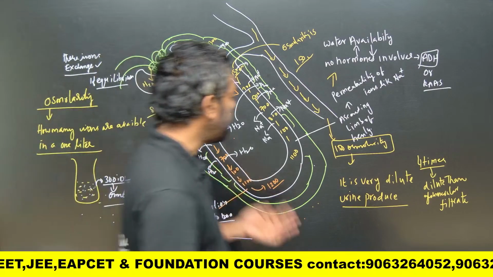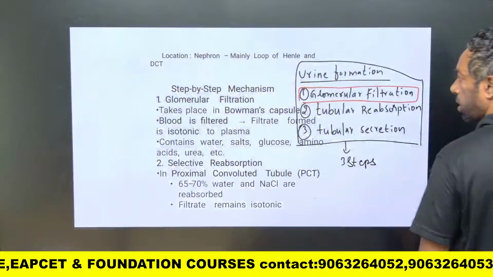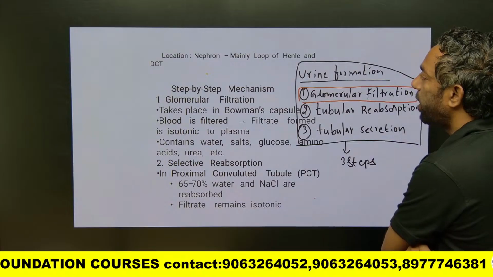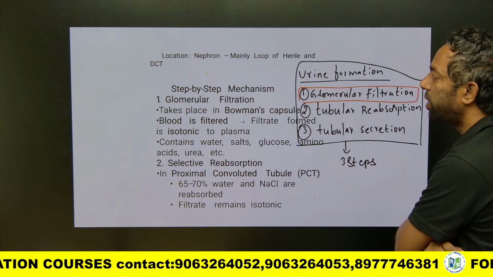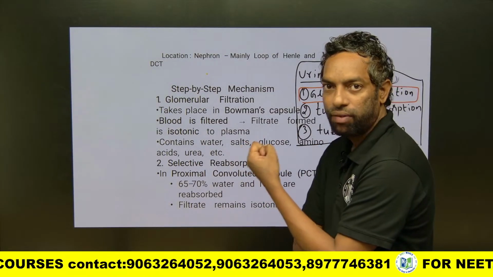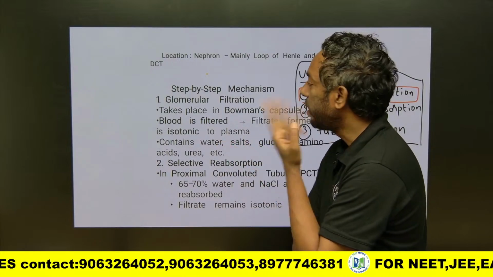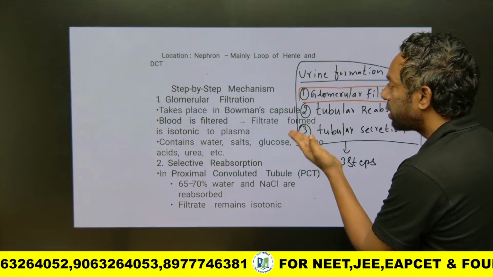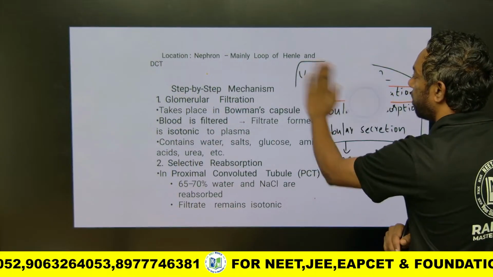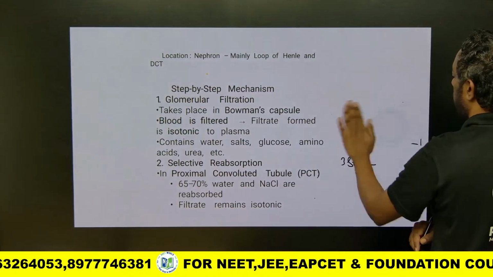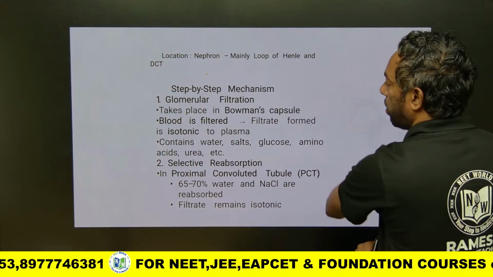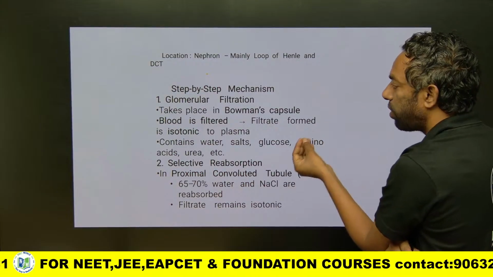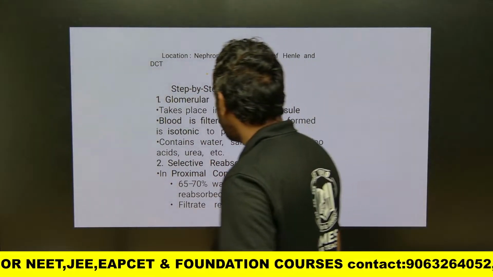We have to look into this again. The nephron, mainly the loop of Henle and DCT, is especially responsible for the formation of urine, which is dilute or concentrated. Glomerular filtration takes place in Bowman's capsule. Blood is filtered, and the filtrate formed is isotonic plasma.